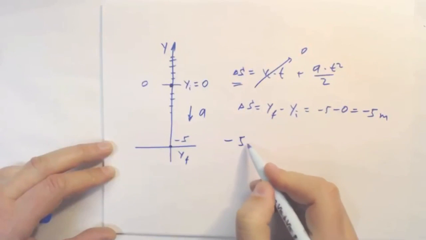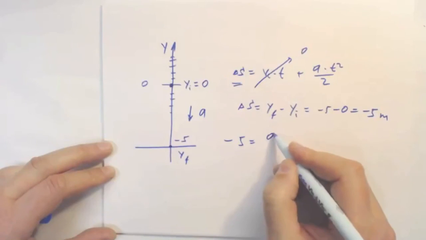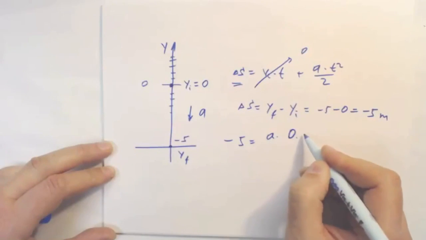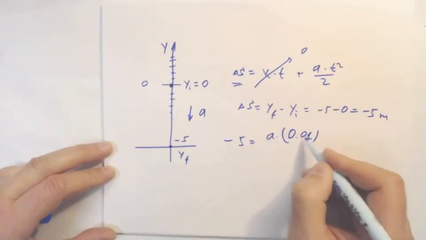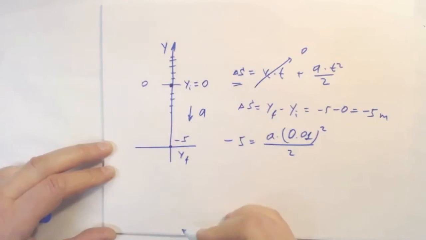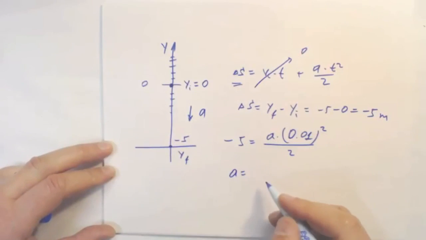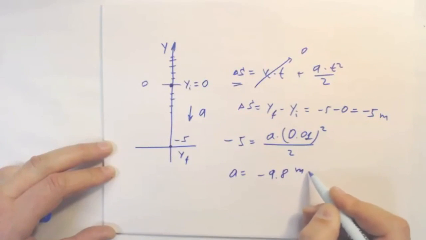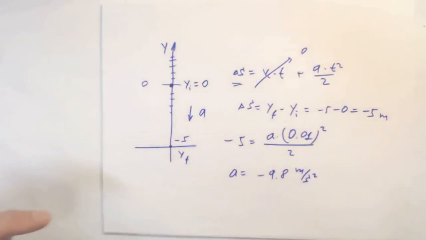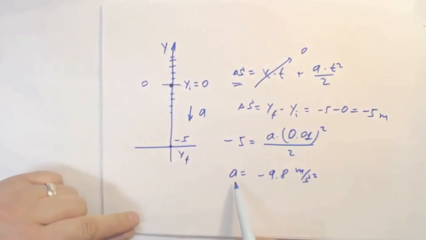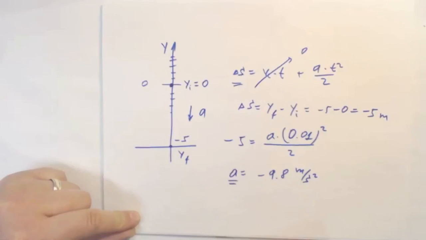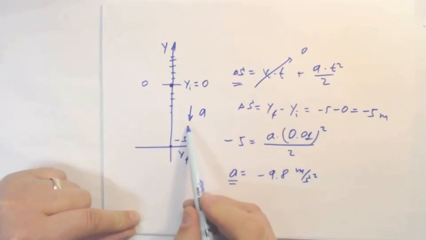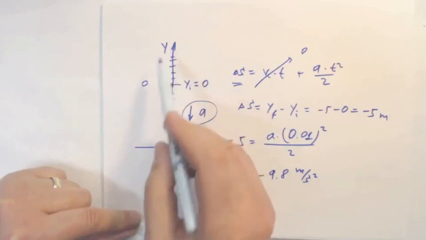And now our equation looks slightly different. If we solve this equation, the answer is now -9.8 meters per second squared. What does it mean? Again, this variable represents the component of this vector relative to this axis.